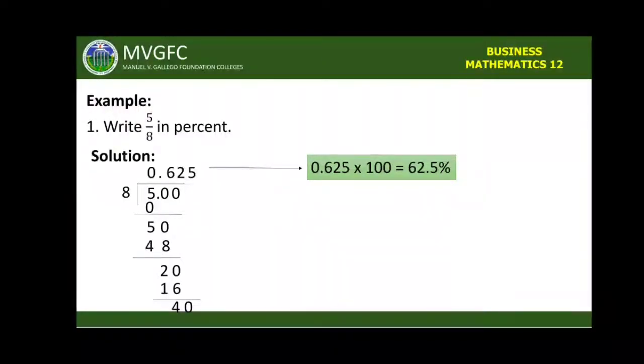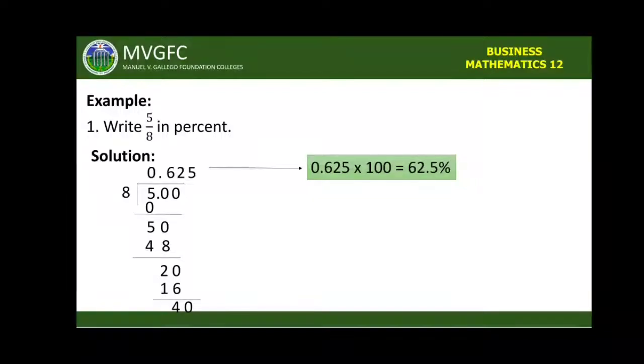So that is 0. So we need to add the decimal point and 0. Okay, so from 5 we have 50. So 50 divided by 8, that is 6. 6 times 8 is 48. 50 minus 48 is equal to 2. Bring down 0. So we have 20 divided by 8 is equal to 2.